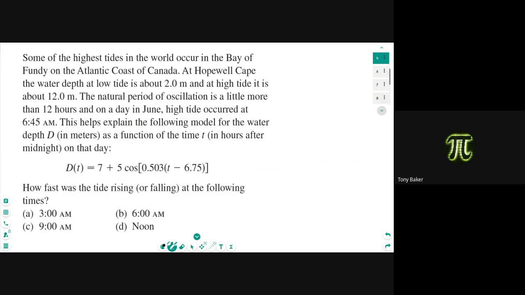So this is the function that models the water depth as a function of time in hours after midnight. So the question is how fast is the tide rising or falling at the following times? So what do I need to find first?